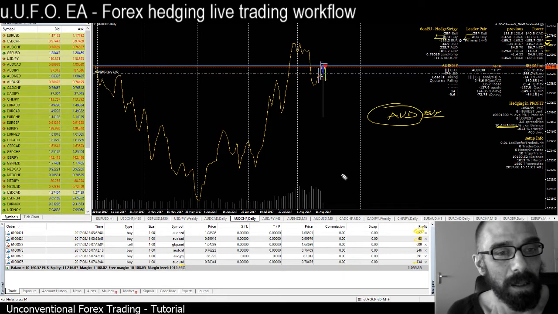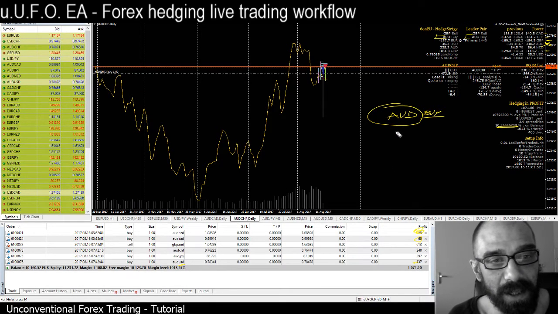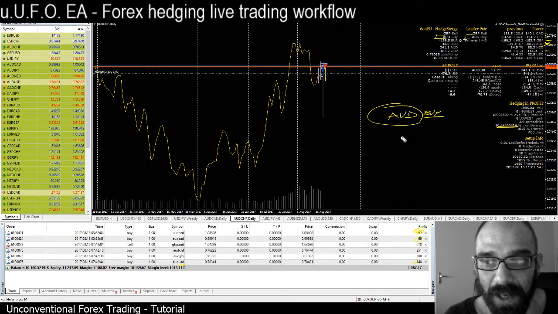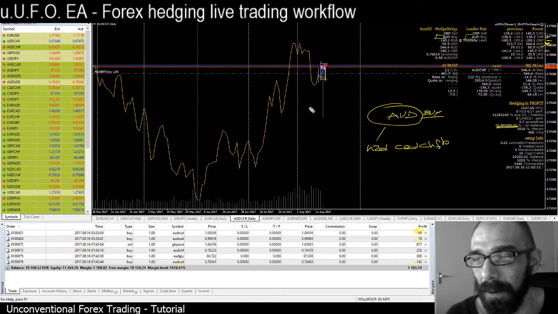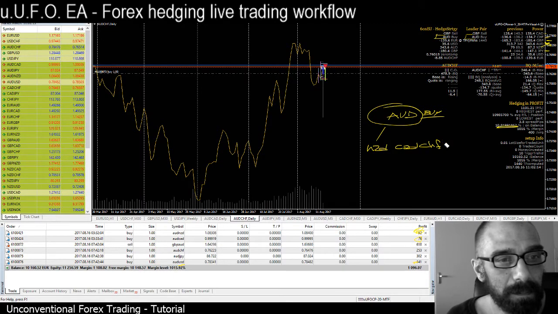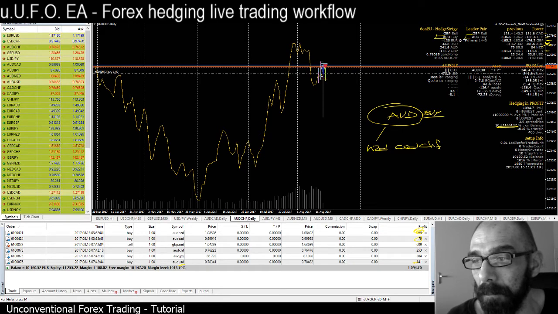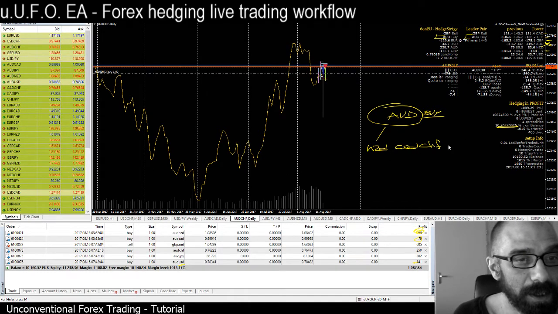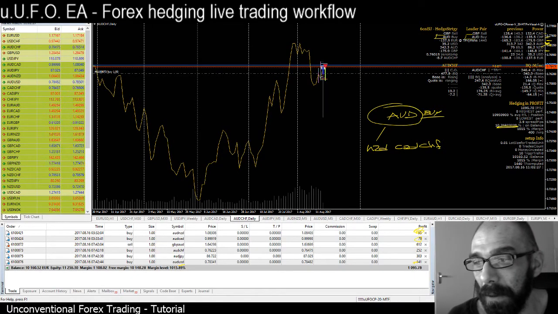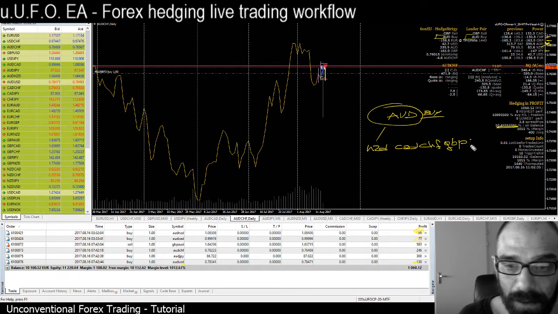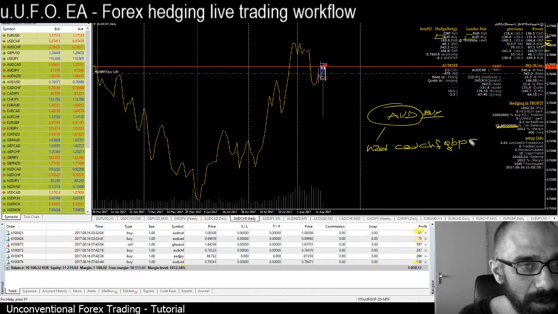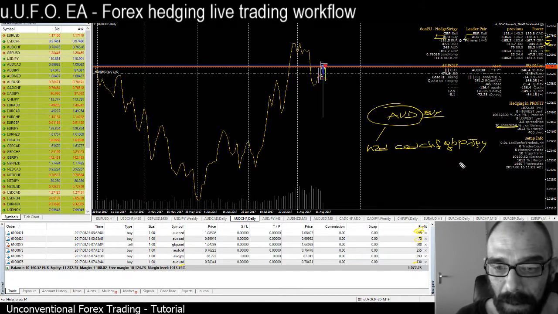So the suggestion was to trade against Australian dollar as the strong currency of the day: New Zealand, CAD, Swiss franc, GBP, and yen, and what else?